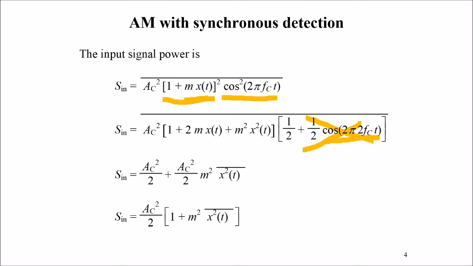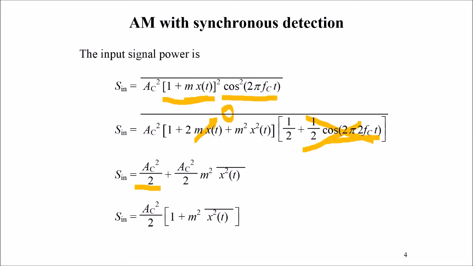Now 1/2 times 1 times A_C squared and then time averaged gives us this first term. And then we have a 1/2 times 2m times x of t. That will be time averaged, but x of t time averages to 0. So this cross term will time average to 0.